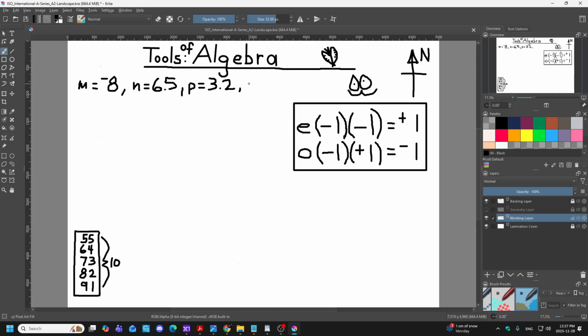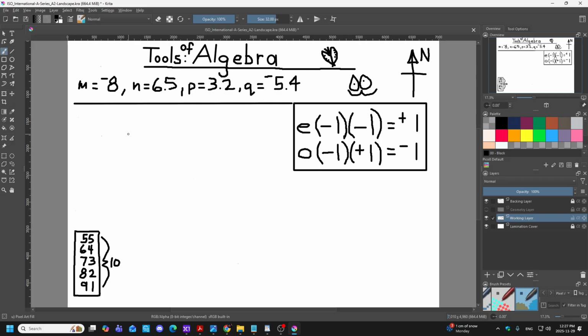And q. Lastly, q is equal to -5.4. All right. Those are our knowns or givens.